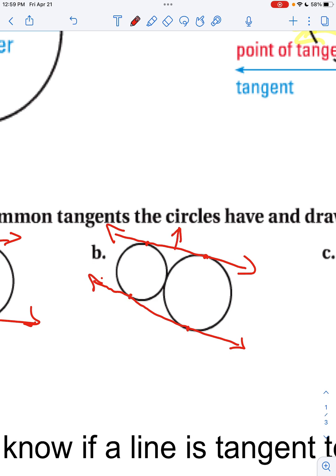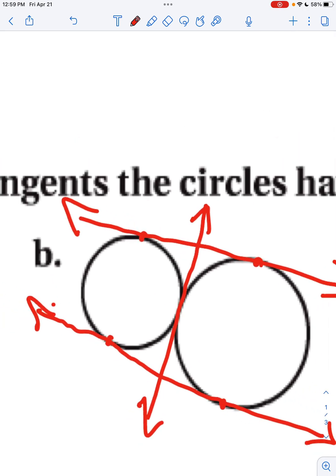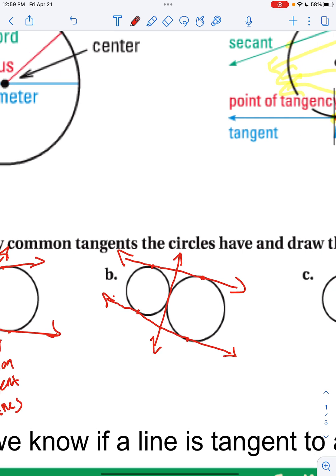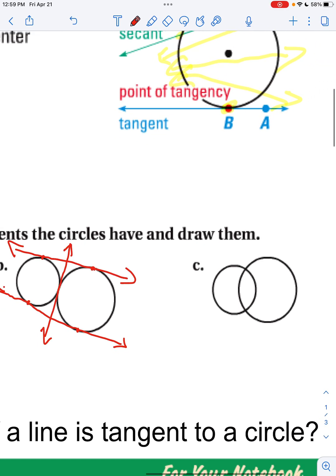And there's actually a third one right in the middle here, where if these circles only touch at that one spot, we could draw a line through there. And this last one, I believe, is only going to have two points of tangency. 1, 2. So this one had 3, and this one had 2.